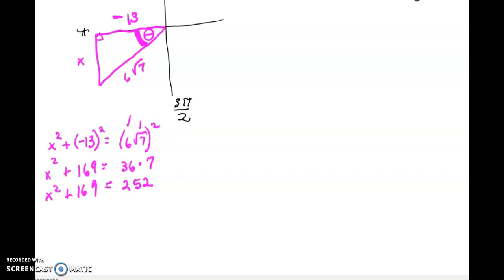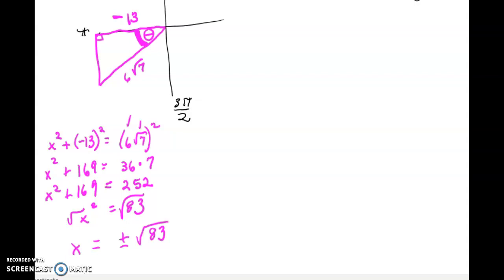So x squared plus 169 equals 252. We're going to subtract 169, and we get 83. So x squared is equal to 83. Take the square root; we always put plus minus when we take the square root. Now let's go back and look at where this lies in our triangle.